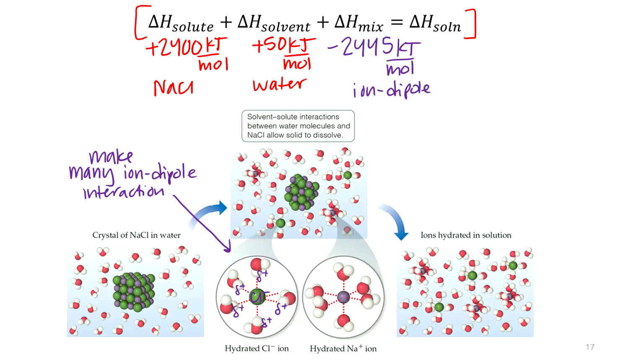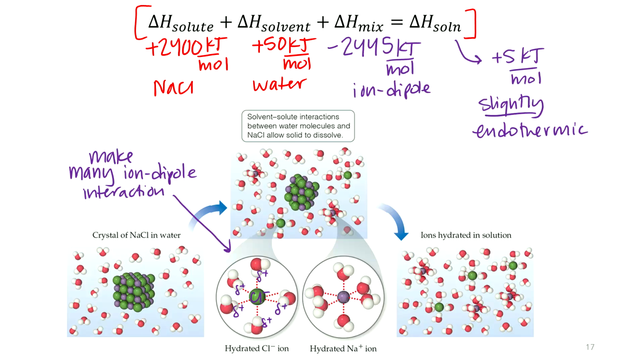When I add these three together, and these aren't the exact numbers, but I do know that you're going to wind up getting a slight plus 5 kilojoules per mole. It is slightly endothermic, but it's not crazy endothermic, right?